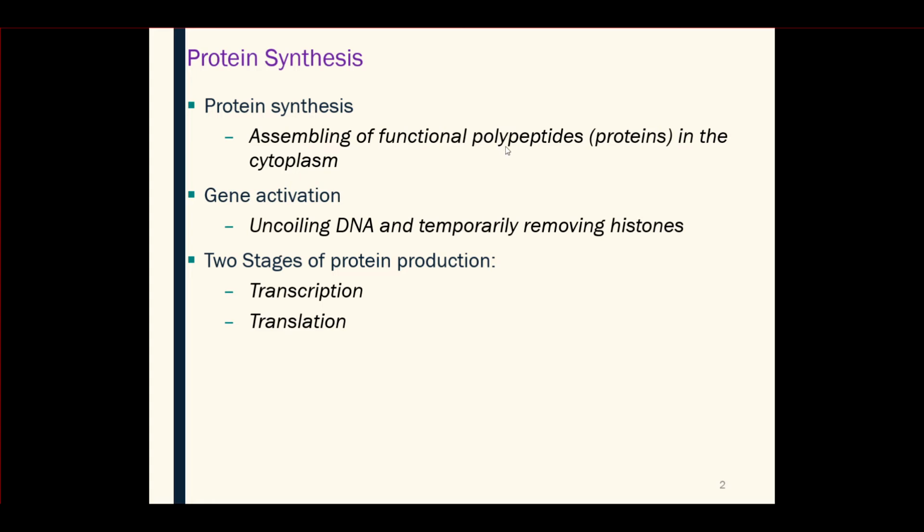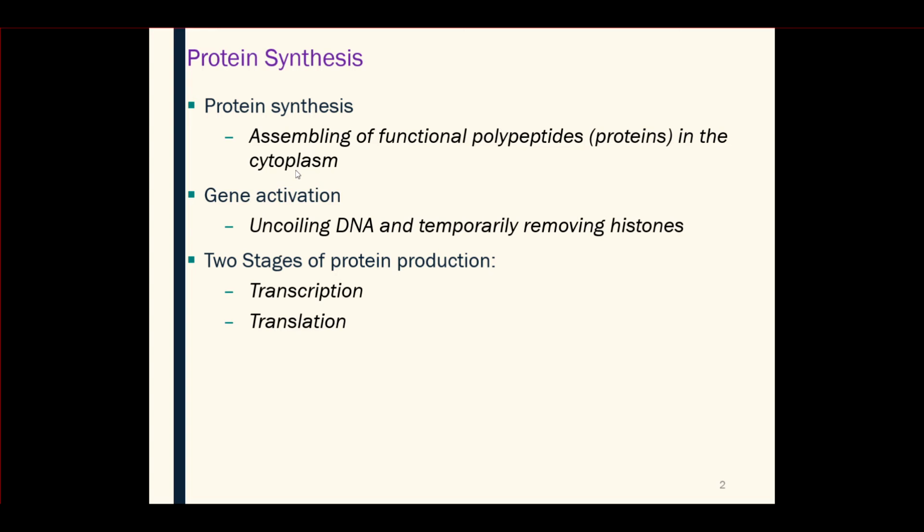Now, the actual building is going to take place in the cytoplasm. If you remember from previous lessons, that was the ribosome, right? So it's at the ribosome that we're going to do the building. But interestingly, the process is going to begin in the nucleus, but the actual building takes place at the ribosome.